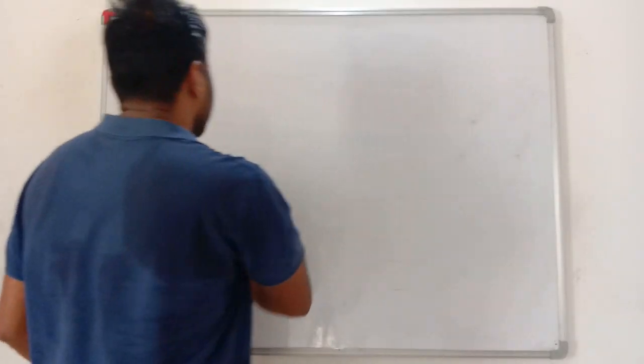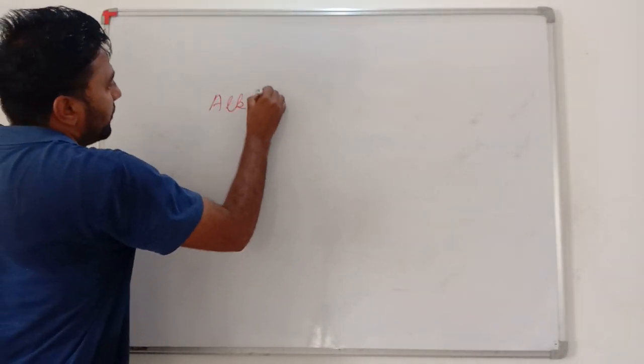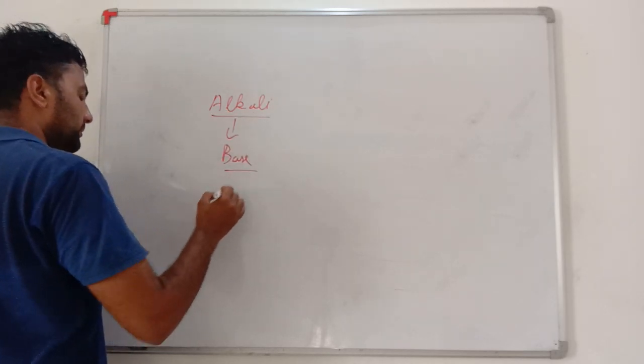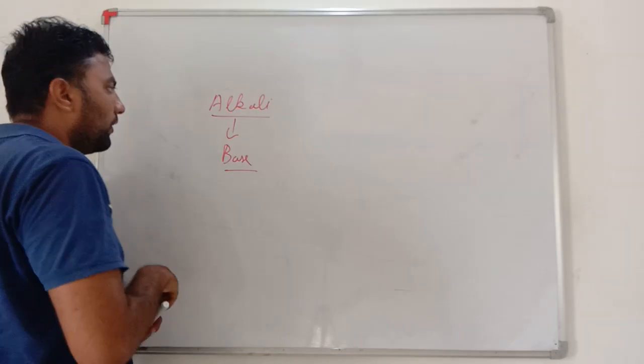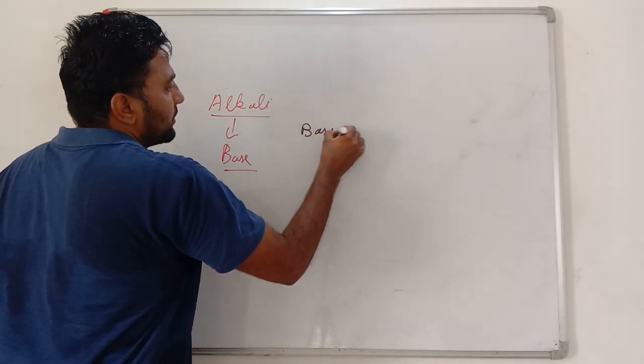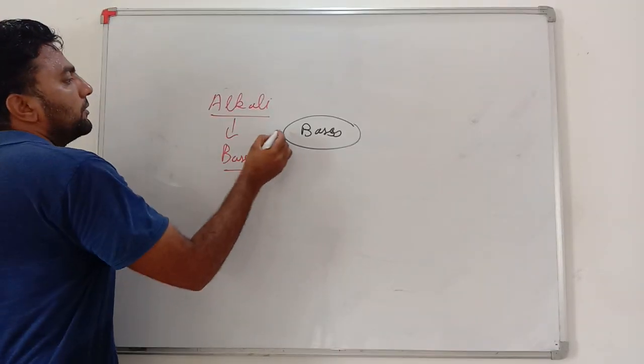Now very important, many times in the name of bases, alkali is being used. What is an alkali? Very important. Alkali is a base, but very important, my dear students, not all the metal hydroxides or all the bases dissolve in water.